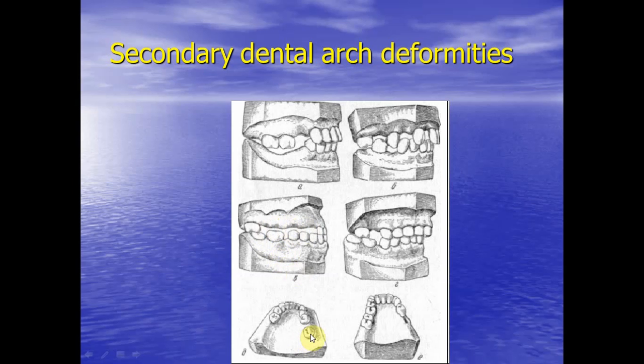We can see also a transversal change, same as here. So the teeth which moved more lingually, and this is also a problem to prepare them for crowns or retainers of a fixed partial denture, or to bring them into proper occlusion.